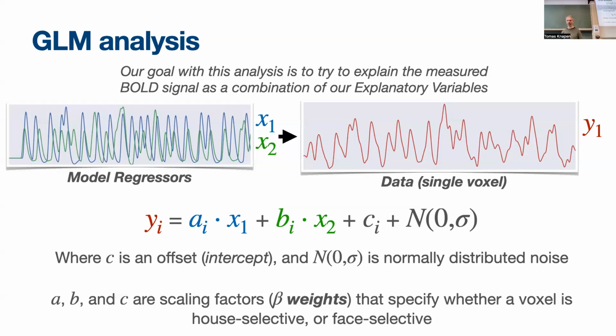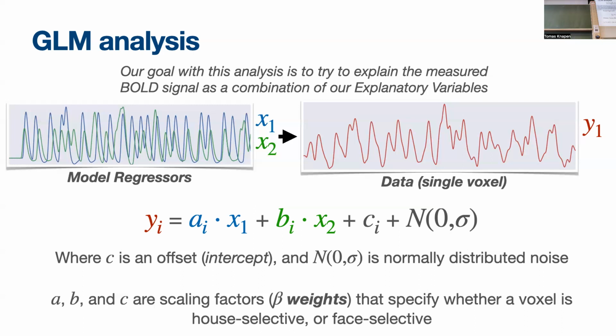Now, in the end, of course, we get these beta weights, and what they do is they relate to that question of interest. Is this voxel a house voxel or is it a face voxel? If I get a very large beta for A, that means the blue time course needs to be scaled by a large number in order to fit this time course.